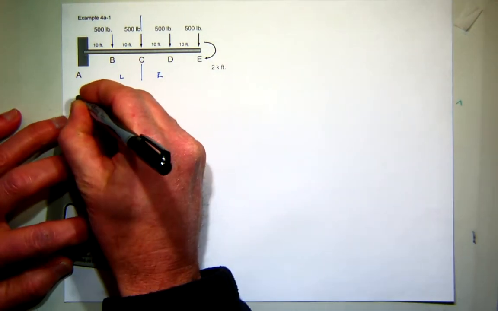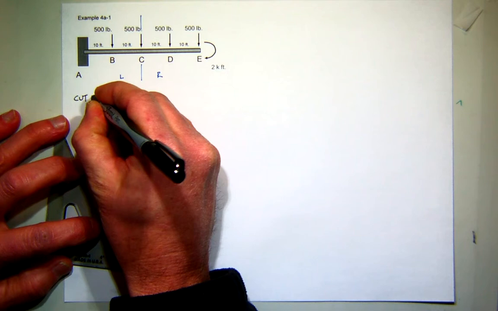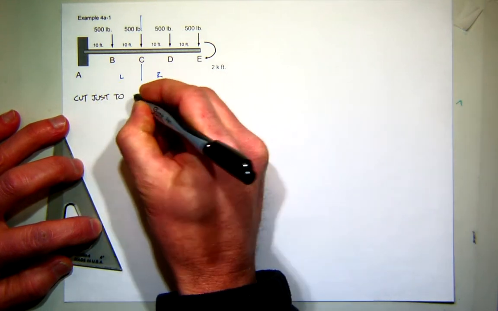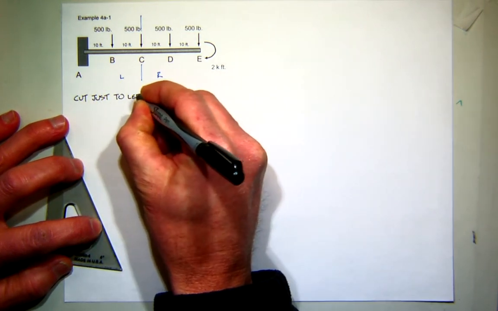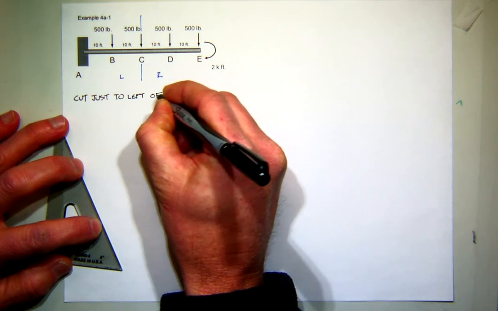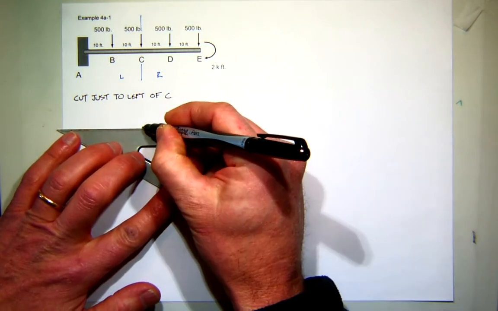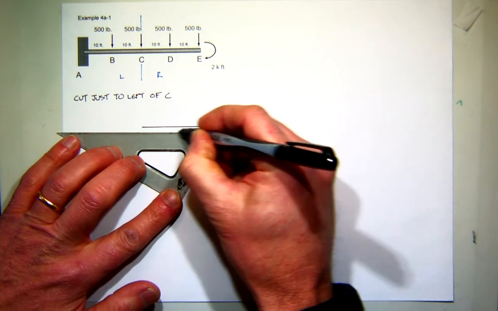I'll say we'll make the cut just to the left of C. So my free body diagram looks something like this.